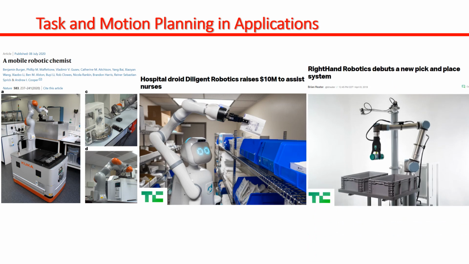In each of these instances, the robot has to achieve some sort of task objective by performing a sequence of actions or interactions, each of which will require the robot to move in a very specific and carefully reasoned way. When you bring all of this reasoning together, that entails task and motion planning.